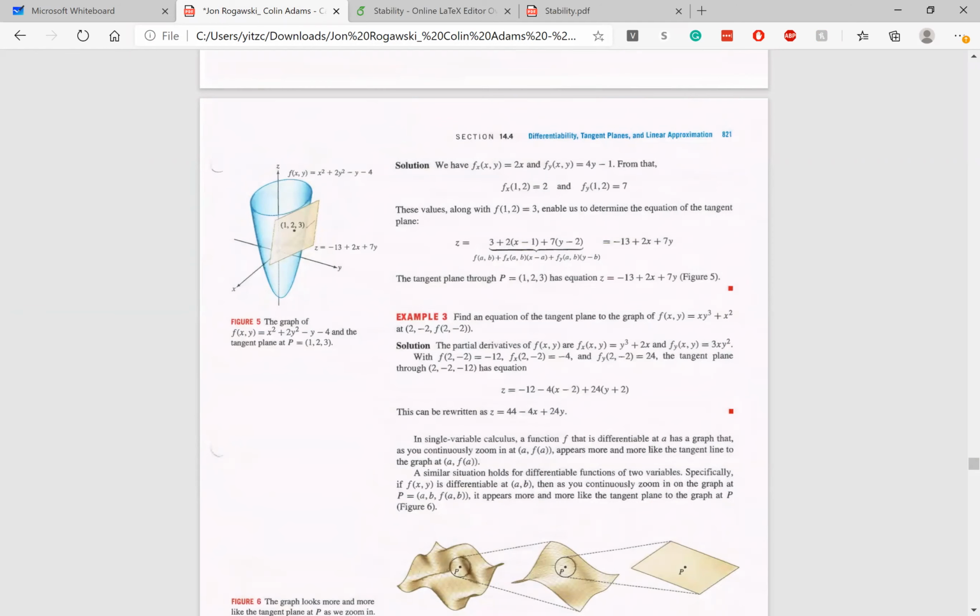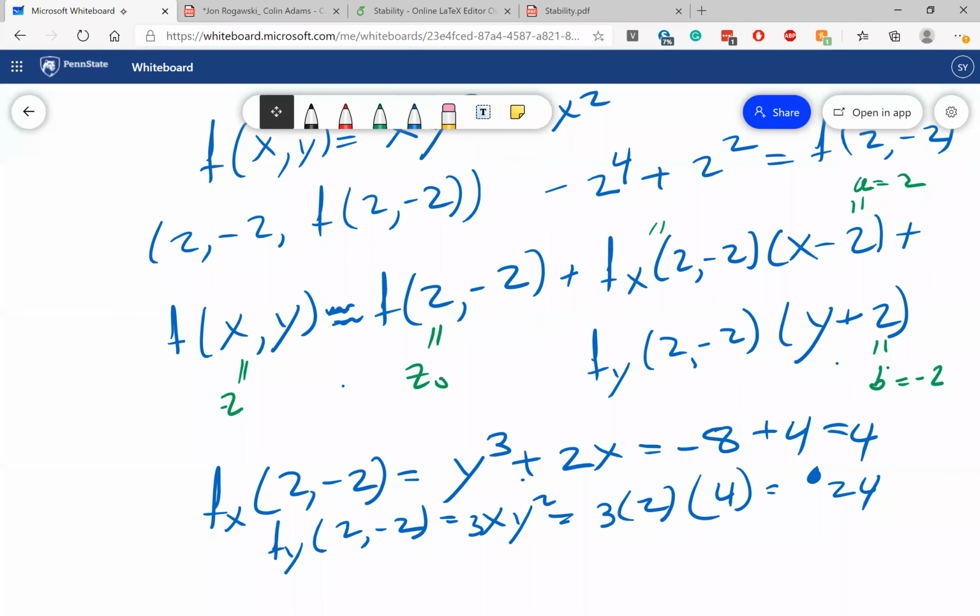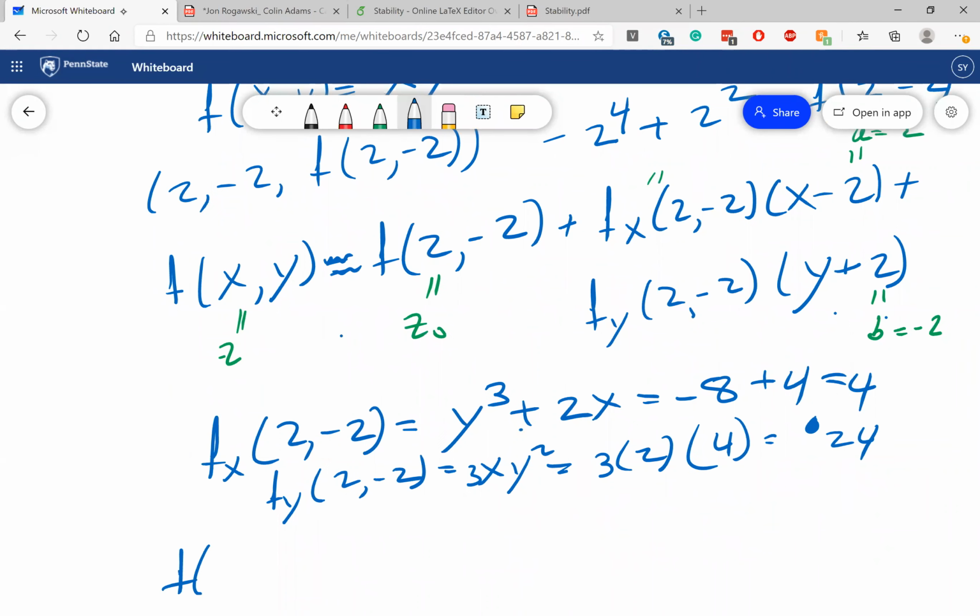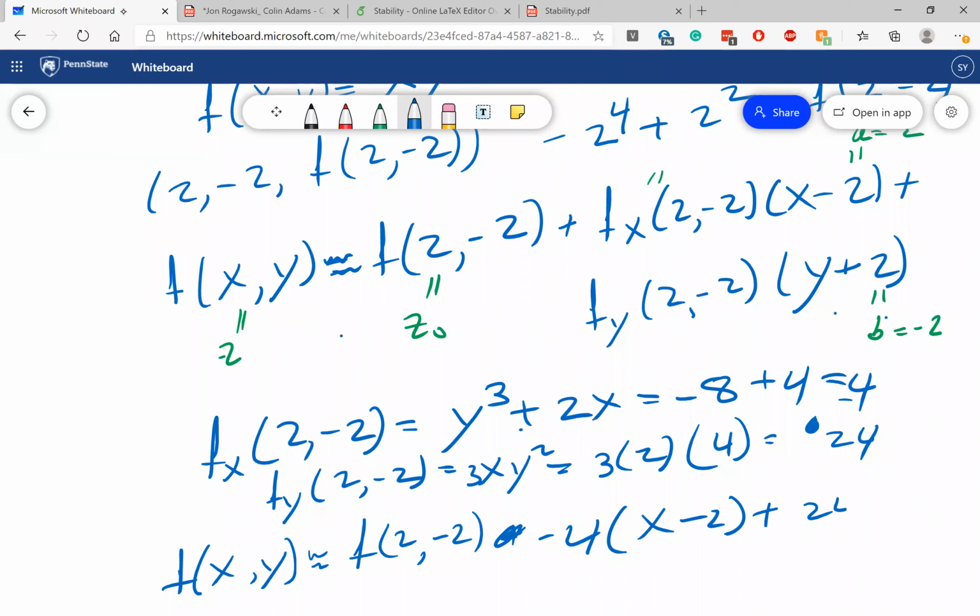Yes, -4, 24. So then the answer is going to be f of x, y approximately f of 2, -2, I'm going to just put that in, plus -4 times x minus 2 plus 24 times y plus 2.